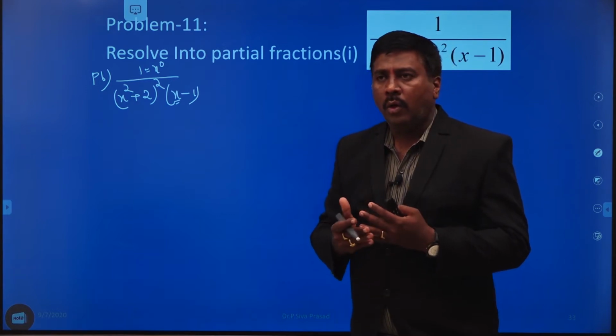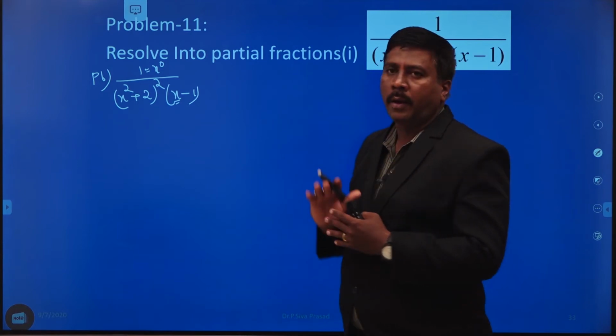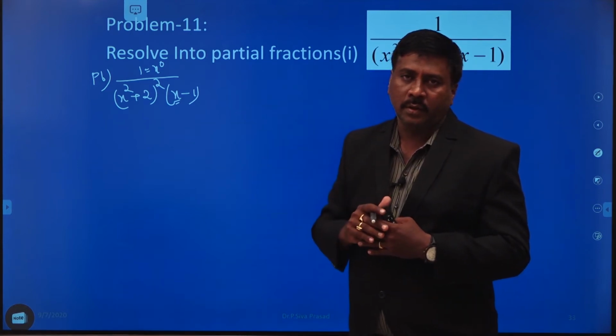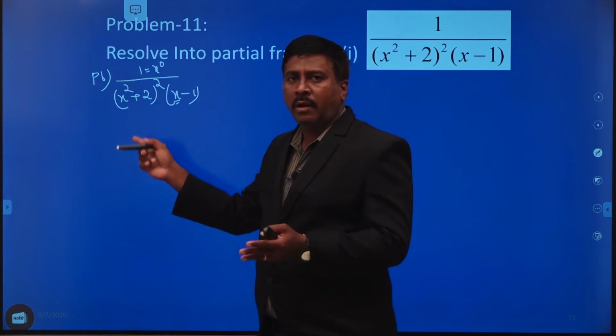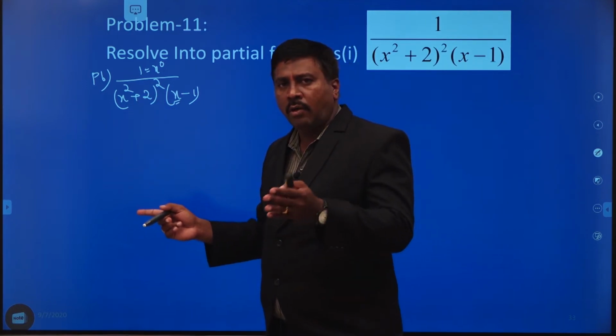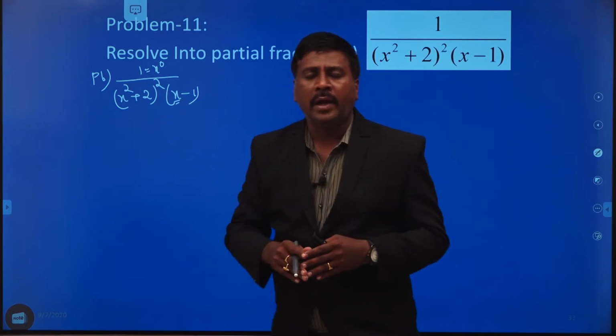Okay? Now, we have to discriminate which type is suitable for doing this problem. Here x square plus 2 is called a quadratic form, which is repeated twice. And also x minus 1 is a linear factor.